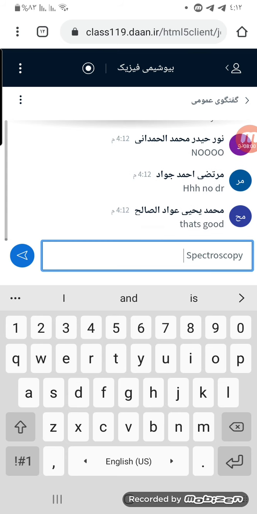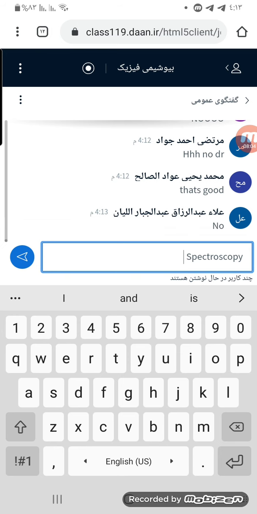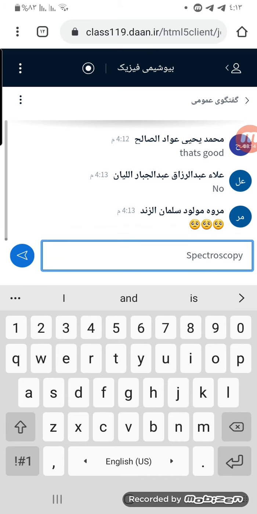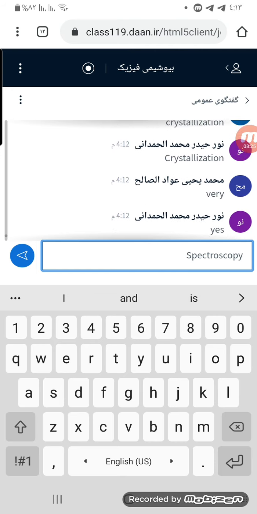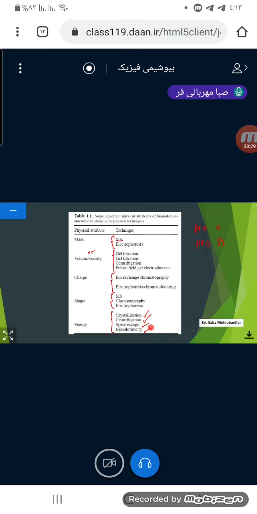When you are at home and you want to take your exam at home, you can use this table. But when you are in university and you want to take an exam, it will be a little harder. But when you are at home, yes, it's easy. You can use this table. Don't worry.